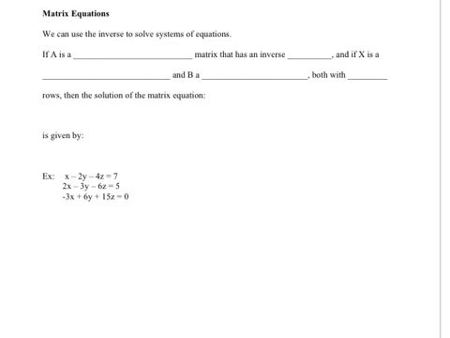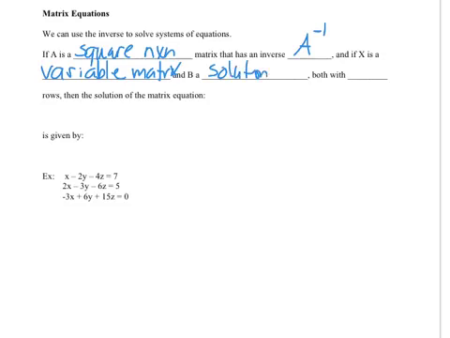If A is a square n by n matrix, and it does have an inverse, because not all of them do, but let's say this one does, then we're going to call X a variable matrix, and B a solution matrix, both with n rows. Then we can write a matrix equation.